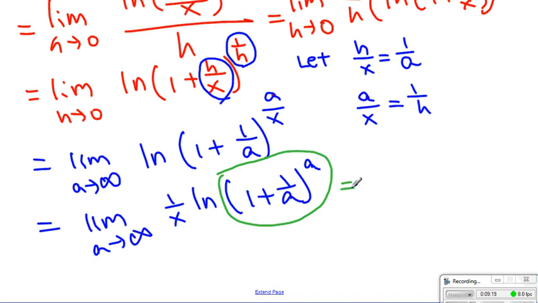So therefore, what we end up getting is the limit as a approaches infinity of 1 over x times ln of e. Now we all know that ln of e is equal to 1. Therefore, our final answer is this.